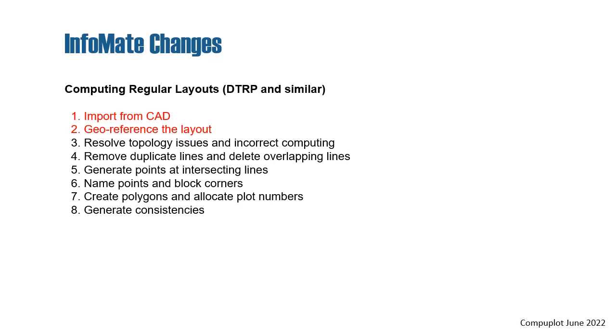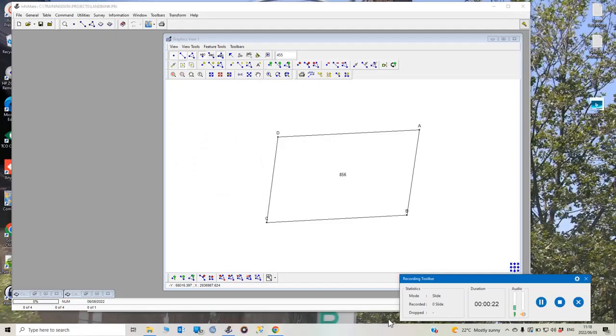This process is different in that our starting point is a line data set. The line data set is derived from a CAD file. And so the idea is that we need to import the CAD file and then create points and polygons.